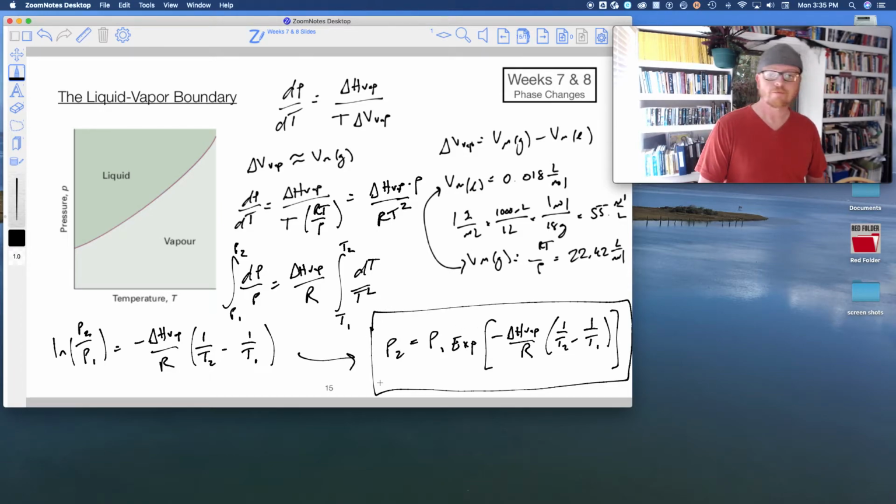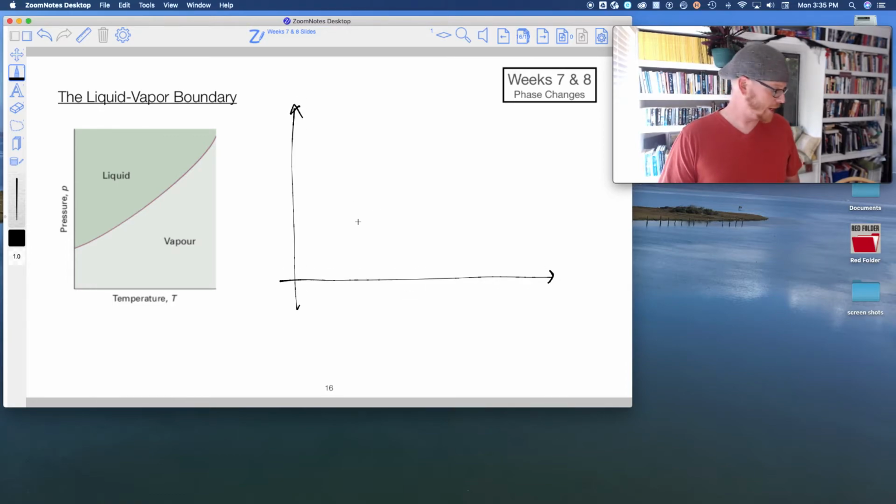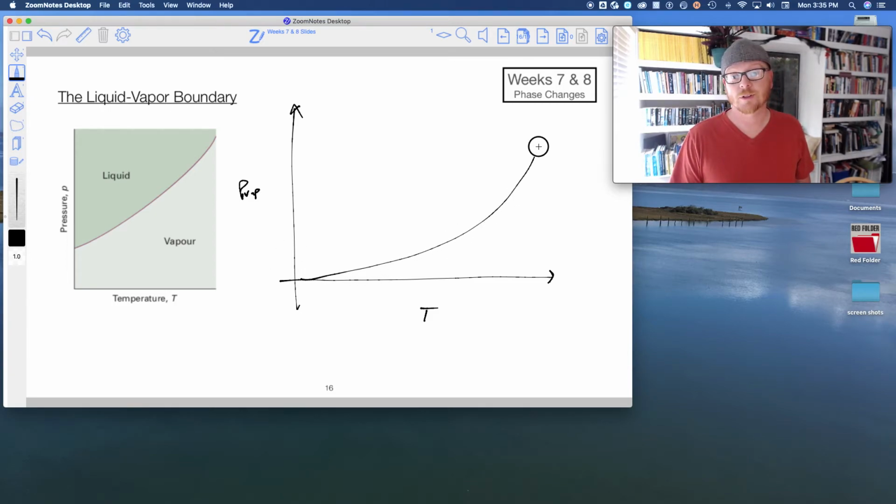Okay? And so just a few more notes on the liquid vapor boundary. If I look at this P, which technically, if I'm just looking at the vapor, gives me the vapor pressures at any given temperature. Okay?